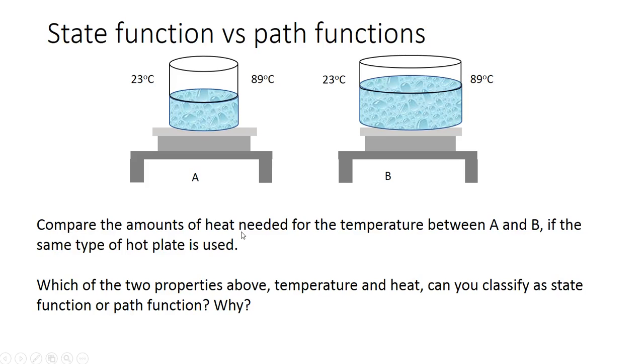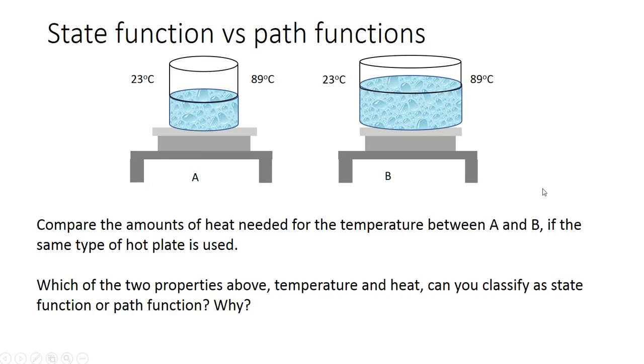Compare the amounts of heat needed for the temperature change between A and B if the same type of hot plate is used. You can see in A, there is not much water. In B, there is a lot of water. So our aim is to heat up the water from 23 degrees Celsius to 89 degrees Celsius in both cases.